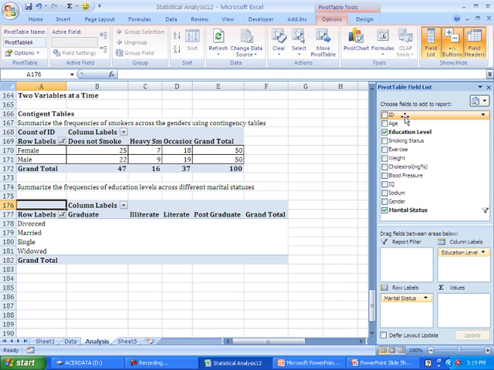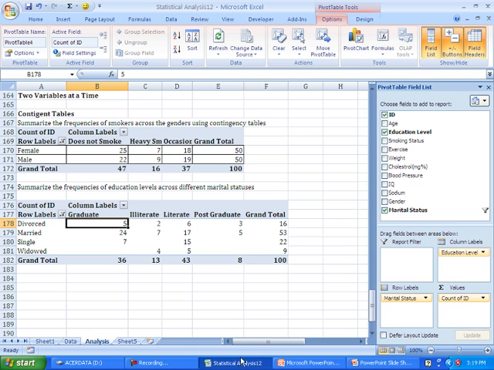So that is where probably I can drag the ID of the person into the value label. So how is it coming out? People who are graduates, 5 of them are divorced, 24 are married, 7 are single. Something like that is the numbers that are coming out. Similarly, from the illiterate category, 2 of them are divorced, 7 of them are married, 4 are widowed. These kind of calculations are coming out across.